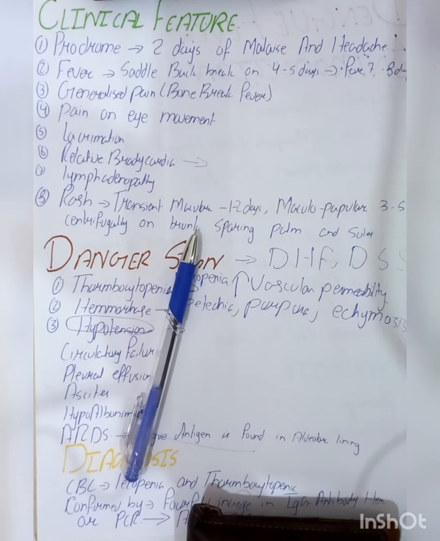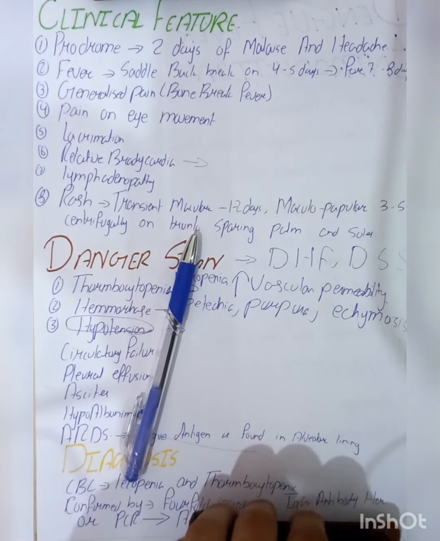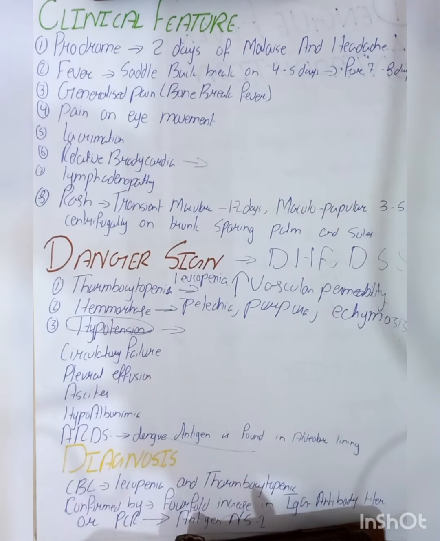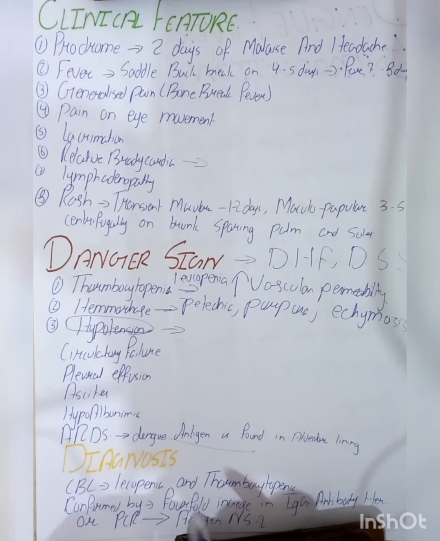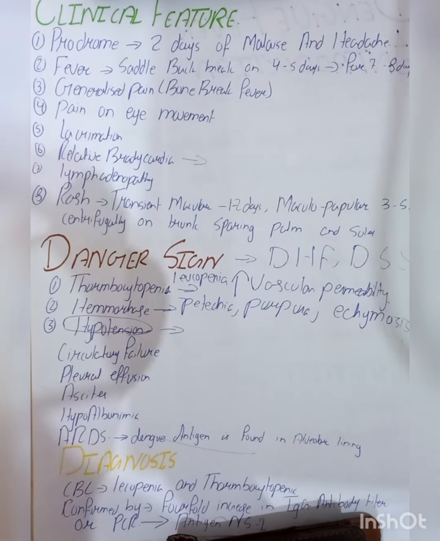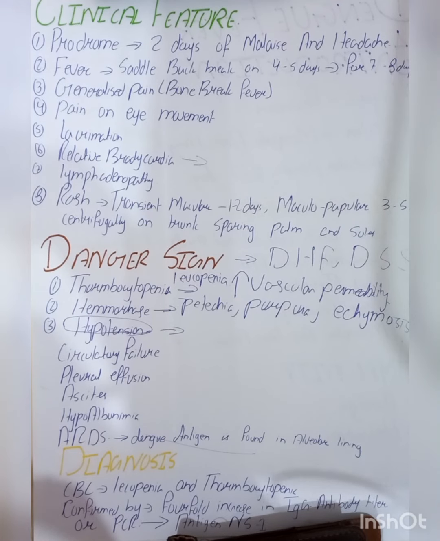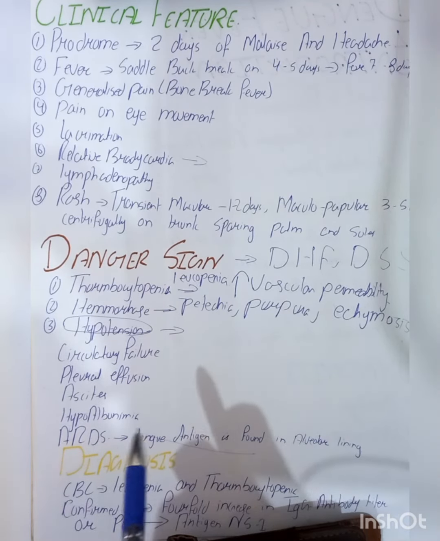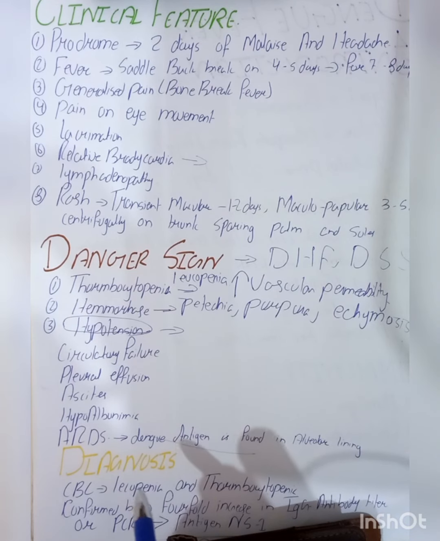So how do we confirm that the patient has dengue fever? There are some tests for the confirmation of dengue fever. There is the antigen NS1 test. So how will we diagnose a patient with dengue hemorrhagic fever or dengue fever? By the CBC, the diagnostic features are leukopenia and thrombocytopenia.